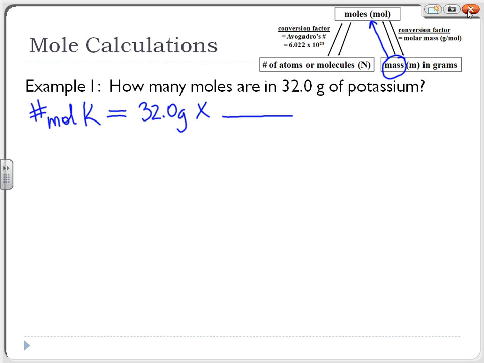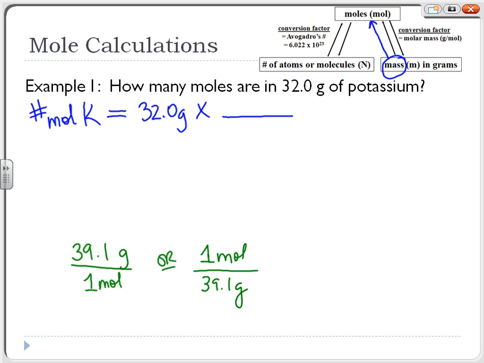This is the tricky part, figuring out what conversion factor it is. Let's see. I know I'm going to use the molar mass. My molar mass for potassium is 39.1 grams. If I have 39.1 grams of potassium, I have exactly 1 mole of potassium. Or if I have 1 mole of potassium, I have 39.1 grams.